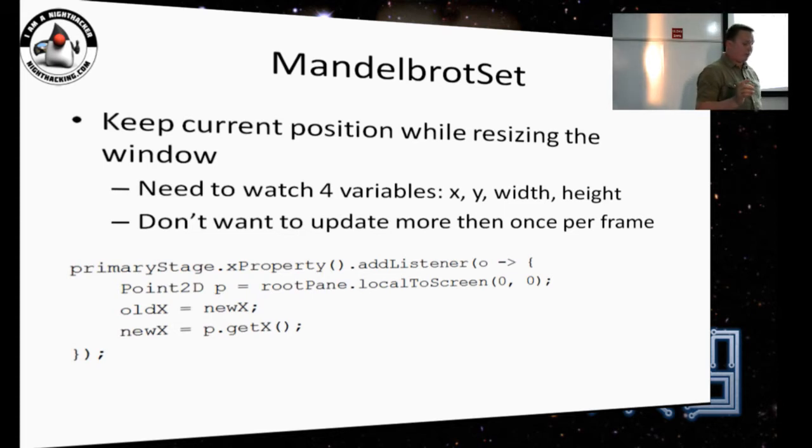For example, if you maximize the window, you're going to have X, Y, width, and height change at the same time. So we get 4 listeners invoked. And when any of the listeners is invoked, we use the localToScreen method for the root node of the window to determine the position in screen coordinates of that node. And then we remember this position.